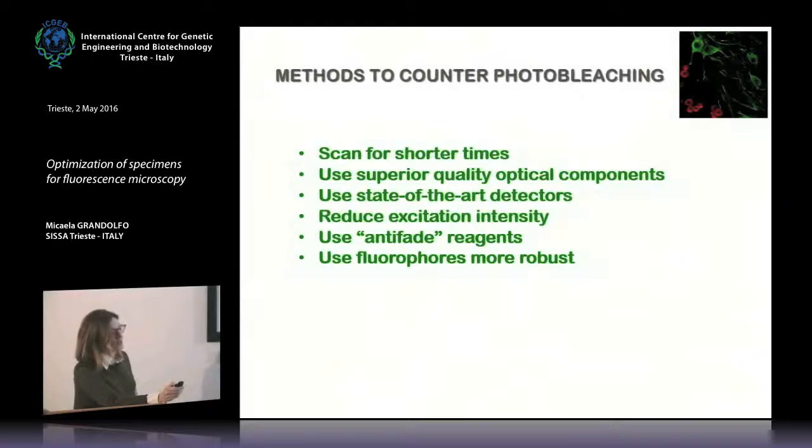You have to use state-of-the-art detectors, as Giacomo told us a few minutes ago, very sensitive devices to collect as much fluorescence as possible. You have to reduce the excitation intensity using a neutral filter or reducing the power of the laser you are working with. You can use anti-fade reagent, and of course you have to use a more robust fluorophore.